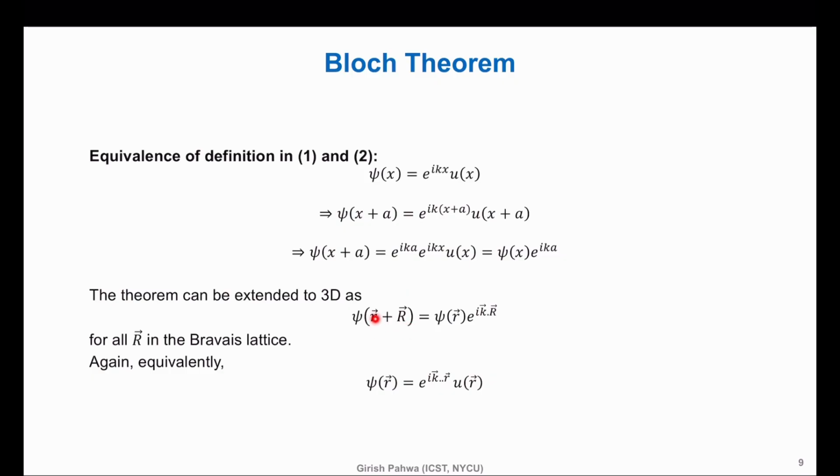So psi of vector small r plus capital R is equal to psi of small r into e to the power iota k dot R. Because now k will not remain a number in 3D, it will also become a vector, a wave vector instead of simply a wave number. So it's a wave vector and this is vector R, so there is a dot product in between. Okay, or you can also write this definition in the other form, e to the power iota k dot r into u of r. U of r is again a periodic function of this r.